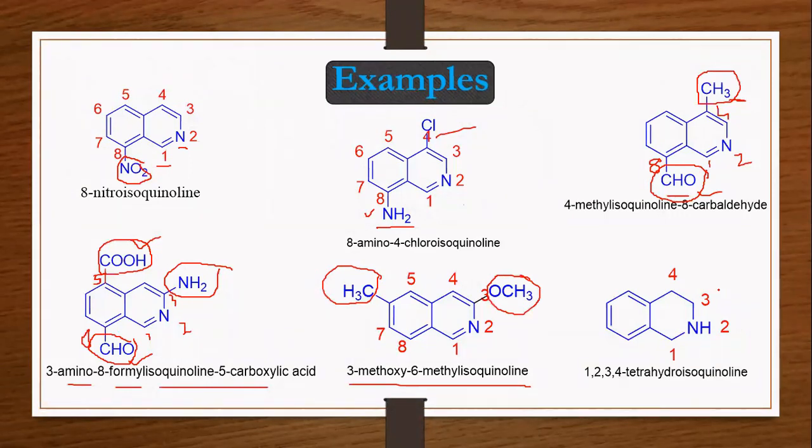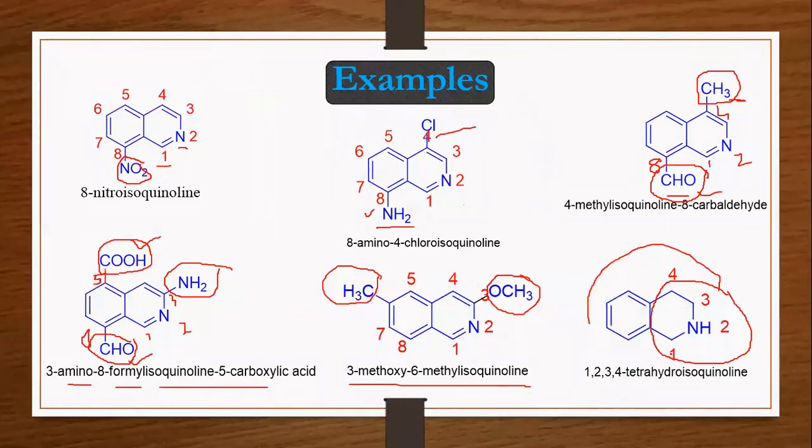Again, this is a saturated counterpart. Previously, we have seen here the pyridine ring is saturated. Okay, and the carbon 1, the nitrogen atom at 2, carbon number 3 and 4, all are saturated. They possess hydrogens instead of double bonds.